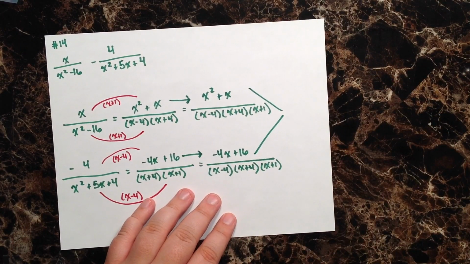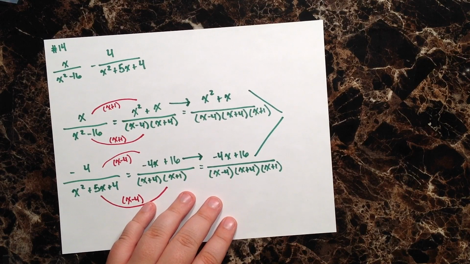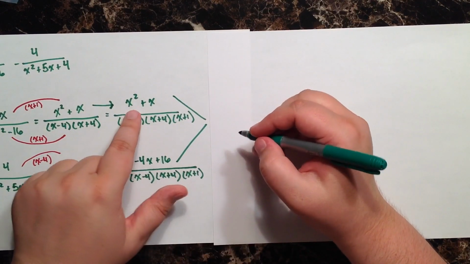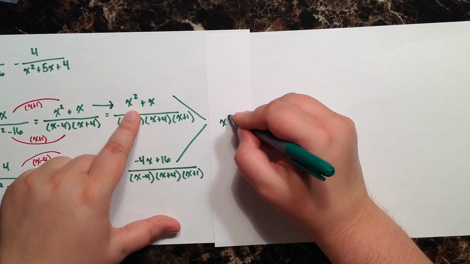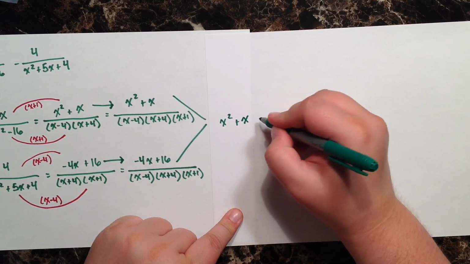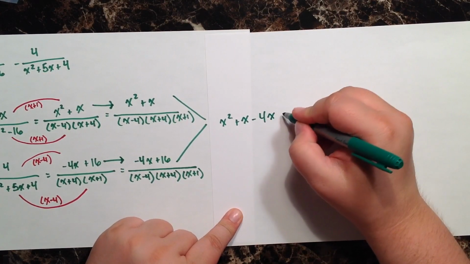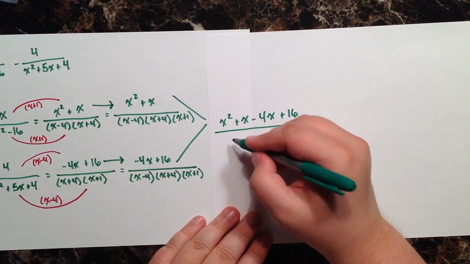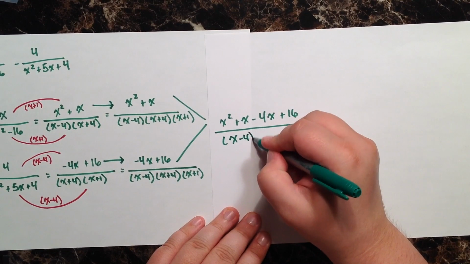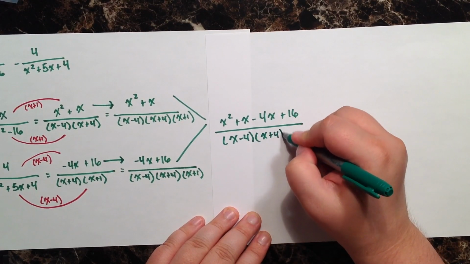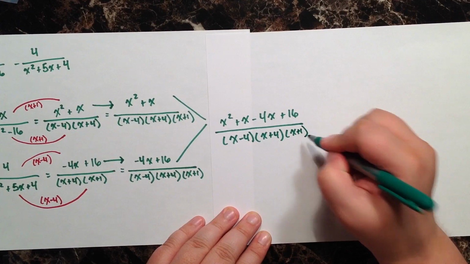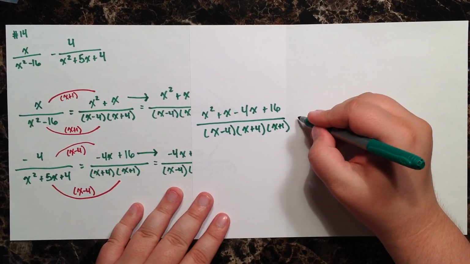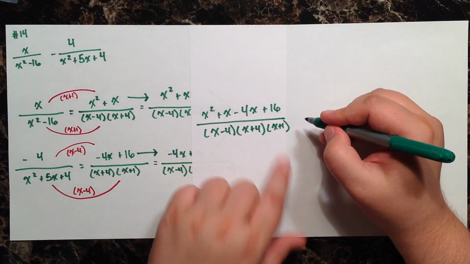For my numerators, we're going to write this out as a long expression: x squared plus x minus 4x plus 16 over our common denominator, which is x minus 4, x plus 4, x plus 1. Then I ask myself, can I combine anything in my numerator?